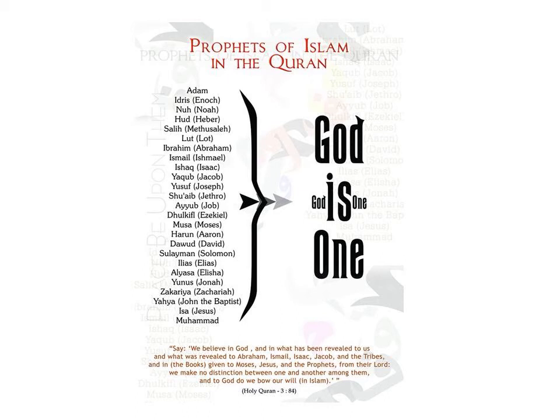The first prophet of Allah subhanahu wa ta'ala was Adam alayhi salam, then Idris, then Nuh, Hud, Salih, Lut, Ibrahim, Ismail, Ishaq, Yaqub, Yusuf, Shuaib, Ayub, Dhul-Kif, Musa, Harun, Dawud, Sulaiman, Ilyas, Al-Yasa, Yunus, Zakaria, Yahya, Isa, alayhi salam, and the last and final Prophet of Allah subhanahu wa ta'ala, Muhammad sallallahu alayhi wasallam.